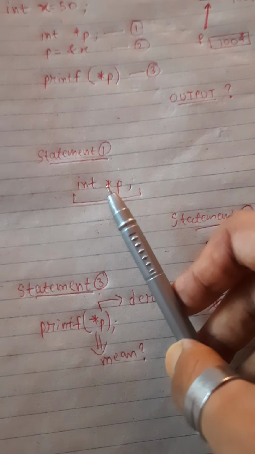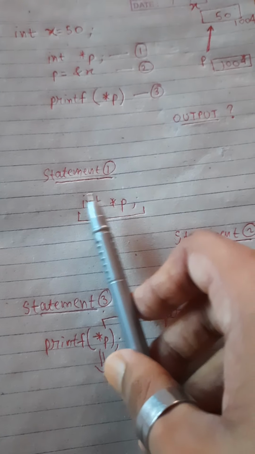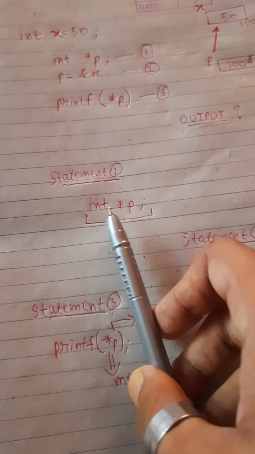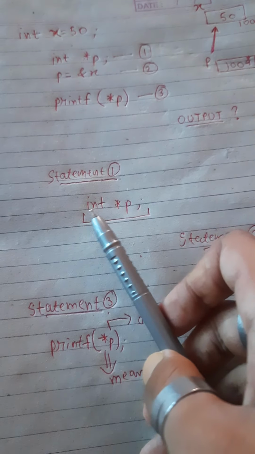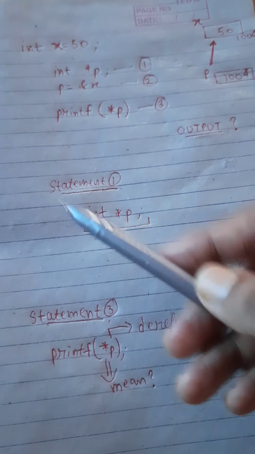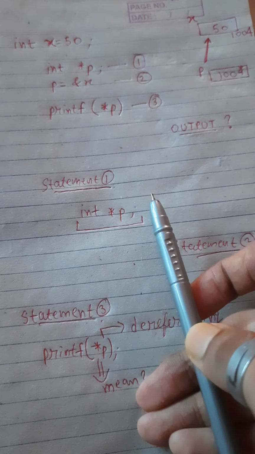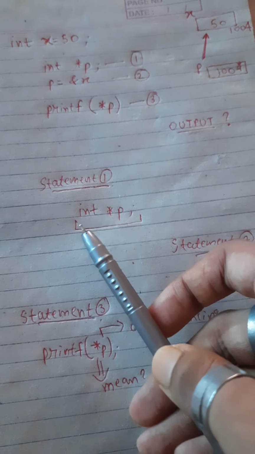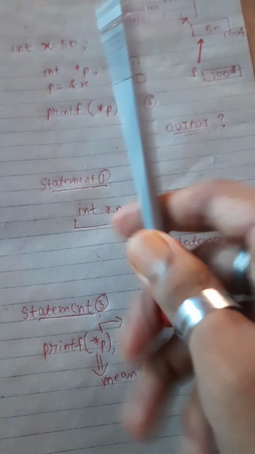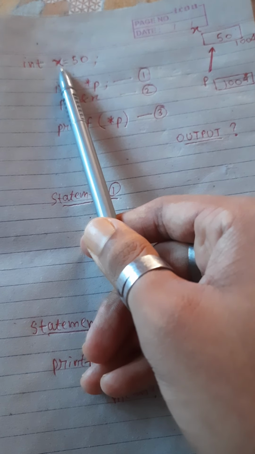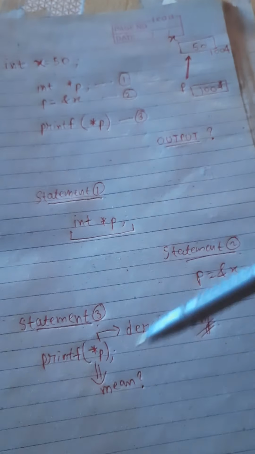I'm again saying people tend to get confused, because whenever we have any kind of data type specified before any variable, whether a pointer variable or a normal variable, this is a declaration statement, which means we are telling the compiler: make me a box, I'll refer to that box with the name p, and the data type should be int. I have explained the basic difference between the data type of a normal variable and what the int data type of a pointer variable means. Just correlate with it.